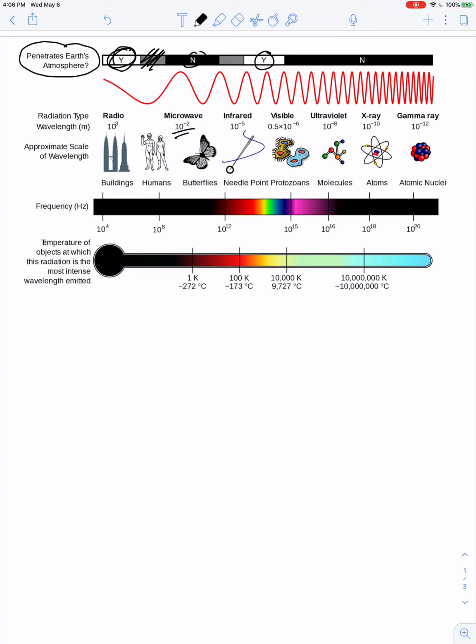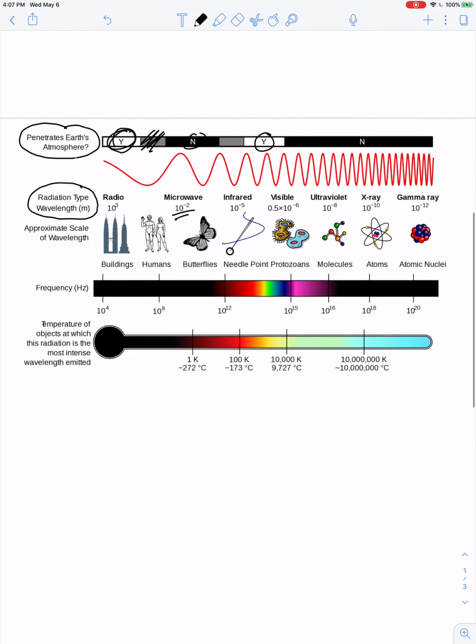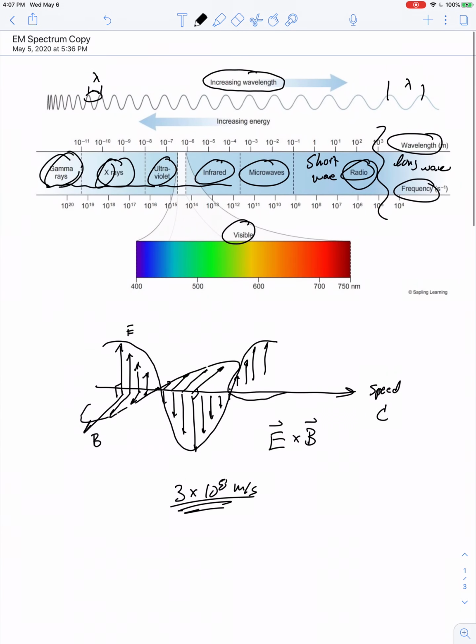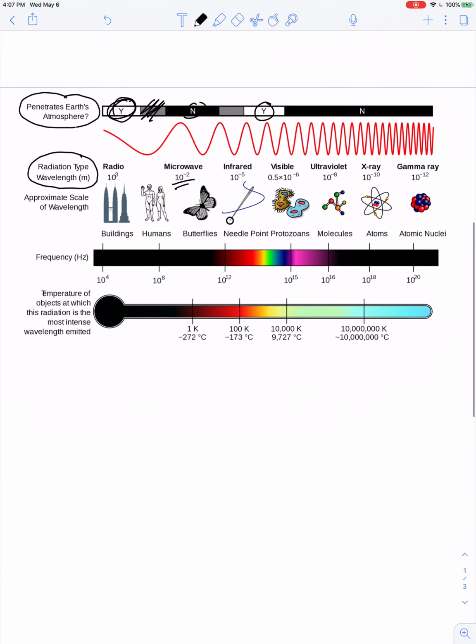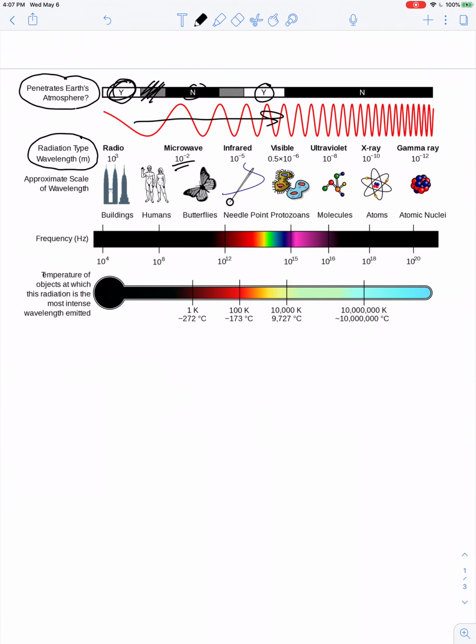And so we can see here, get an appreciation for wavelengths in terms of other objects we're familiar with. Now in this case we're listing in the opposite direction, right? The previous presentation of the spectrum showed increasing wavelength to the right. This one shows decreasing wavelength to the right.